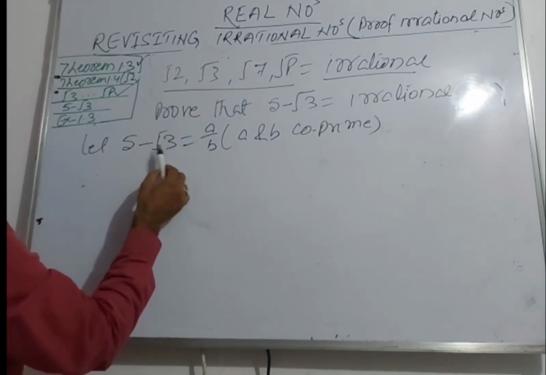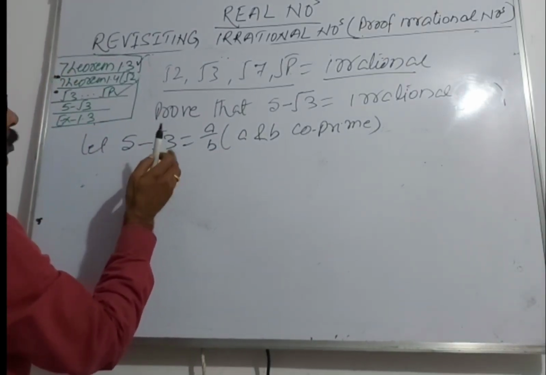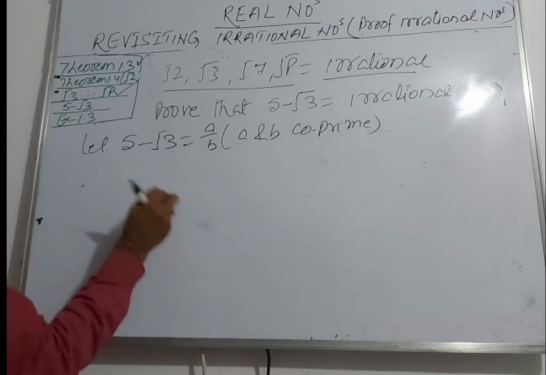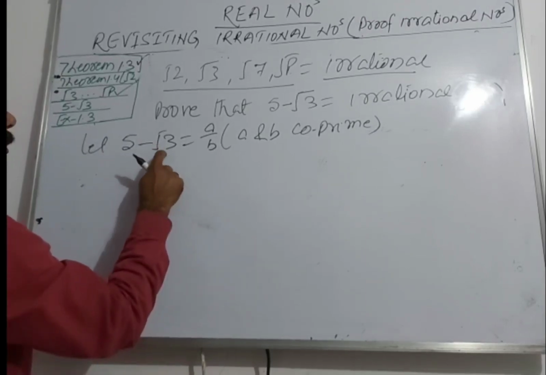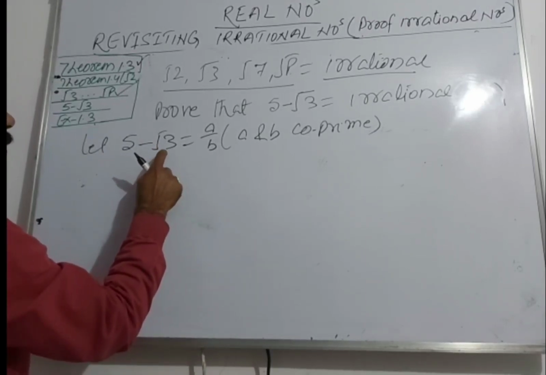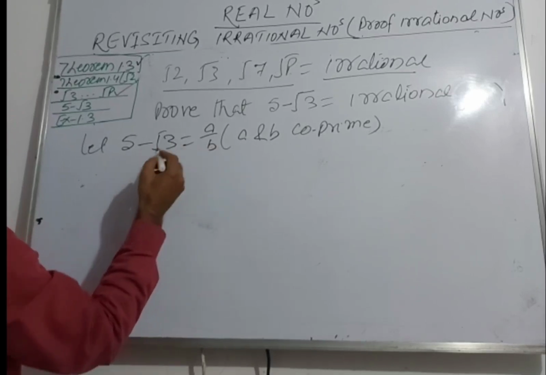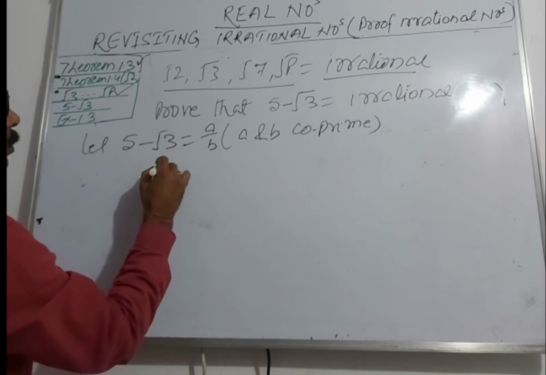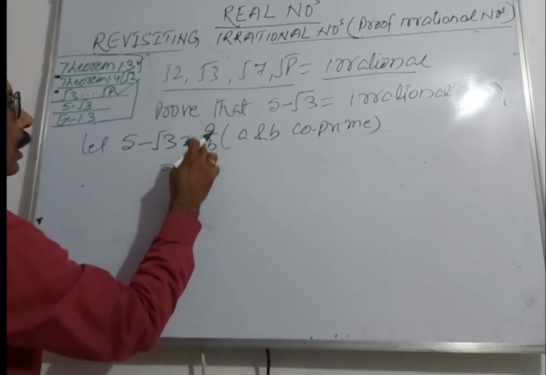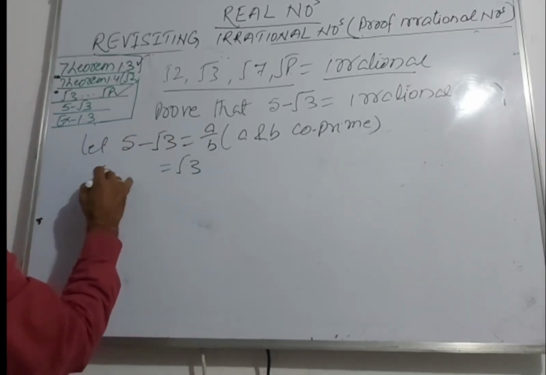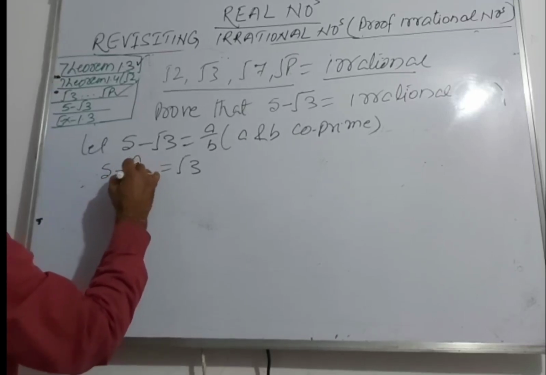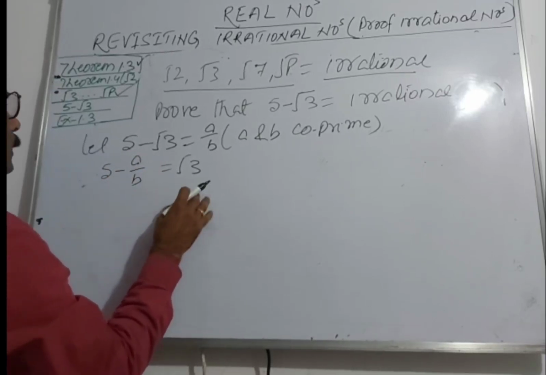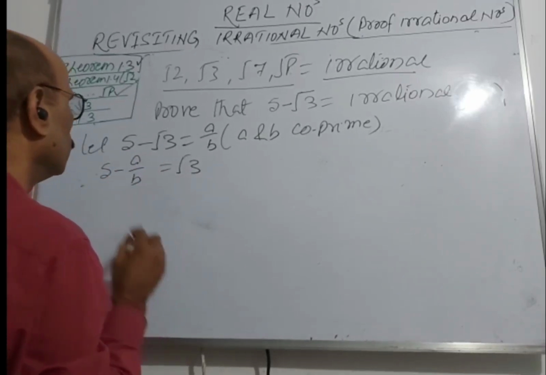Then proceed. What do we have to do? We have to bring this prime number under root, the irrational part, to one side. Let us do it. Bring this side, it will be root 3, and if you bring the other side, it will be minus a by b, like this, root 3.